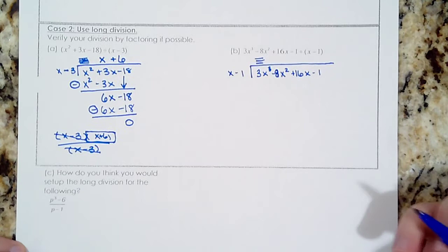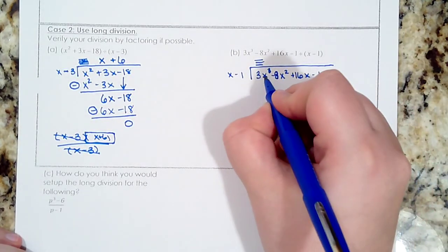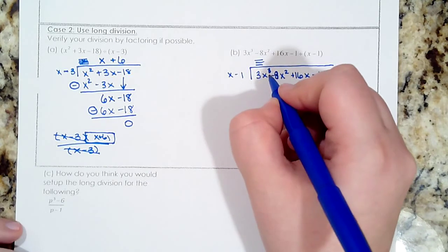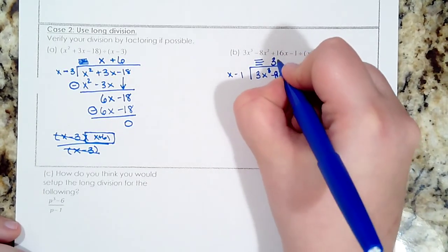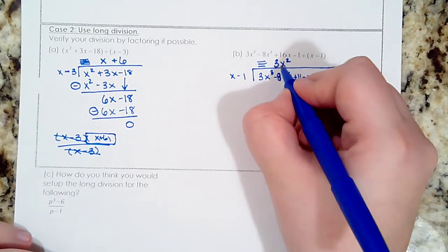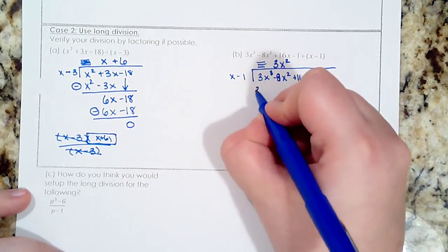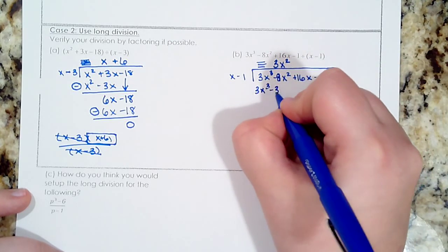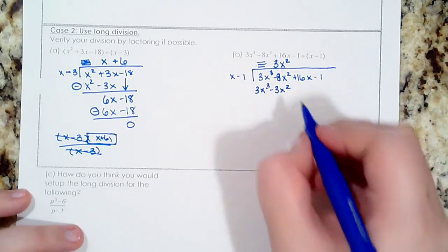But it does go into 3x cubed minus 8x squared, and it in fact goes in 3x squared number of times. And I can verify that because when I multiply it, I get 3x cubed minus 3x squared.